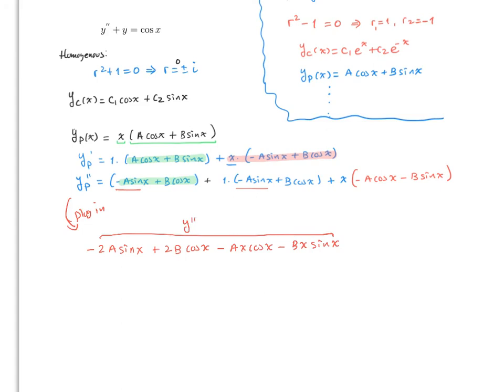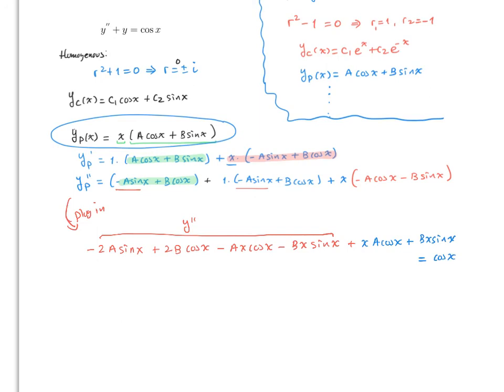So this is just y double prime, and then plus y, where the particular solution is this one, so that will be ax cosine x plus bx sine x, and we want all of these to just equal cosine x.